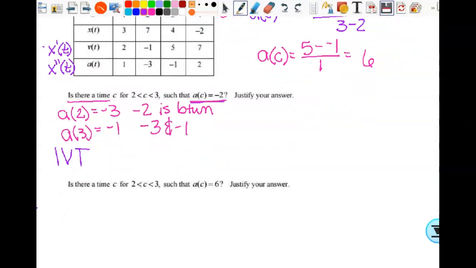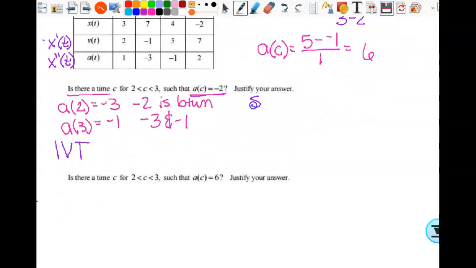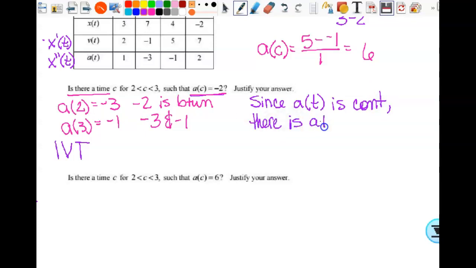So then we can say, since A of t is continuous, there is a time, where am I getting these words from?